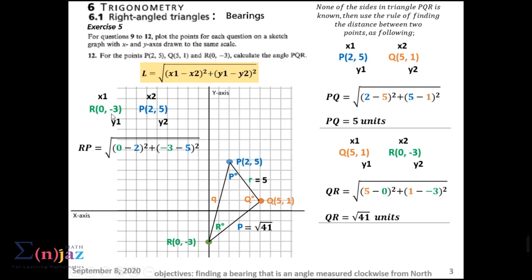So it's the square root of 0 minus 2 all to the power of 2 plus -3 minus 5 all to the power of 2. This is ready to be inserted in the calculator, and the answer will be for RP as 2 square root of 17 units. RP represents small q, so the value of small q is 2 square root of 17.